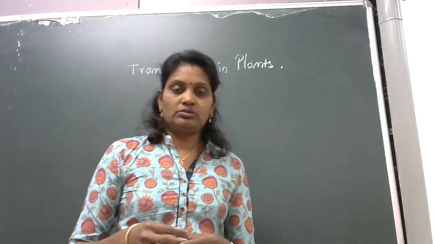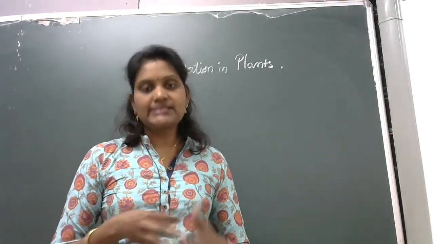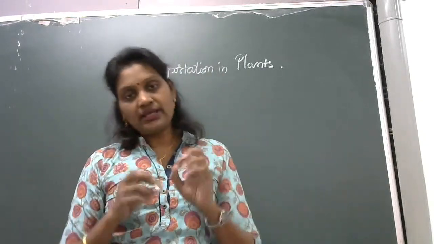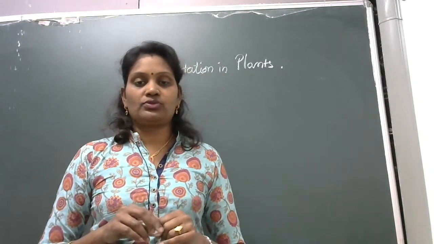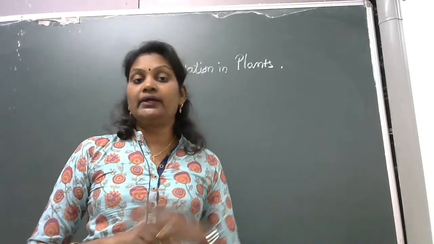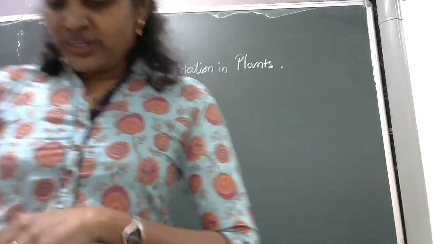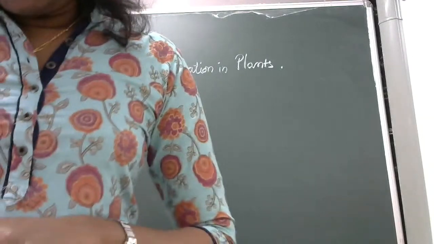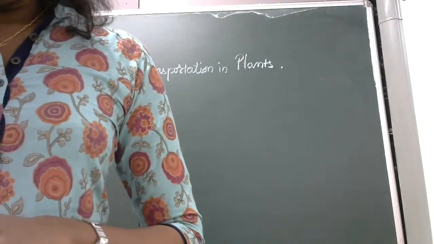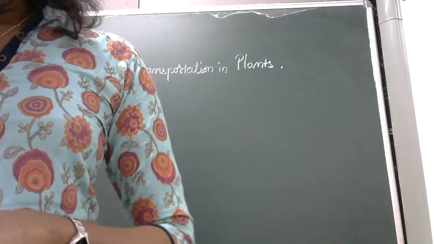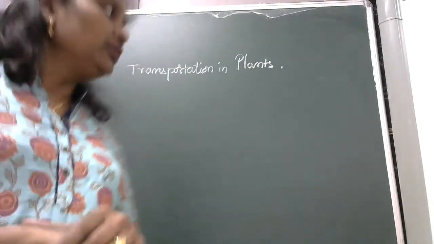From the root, the water, minerals, and nutrients are absorbed. So they are absorbed through the roots. Now here you can see the system. The roots transport it to the leaves.